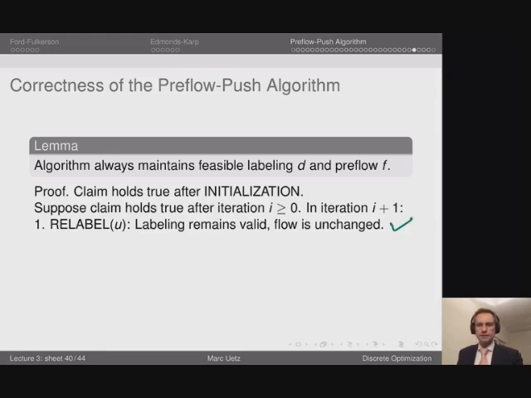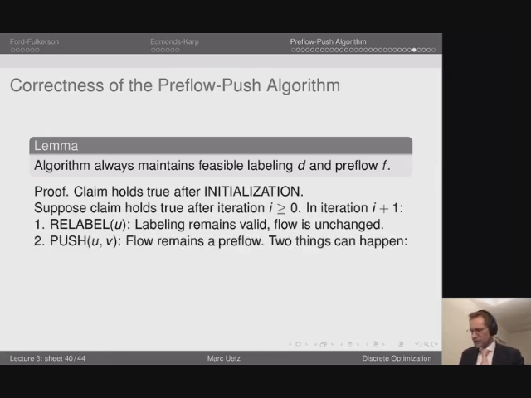Now let us have a look at the other operation that we are performing, and that is the push operation. Well, first of all, if we push from U to V, we maximally push the excess of U into node V, or maybe less. So the flow still remains a preflow because there is no chance that we will create a negative excess anywhere.